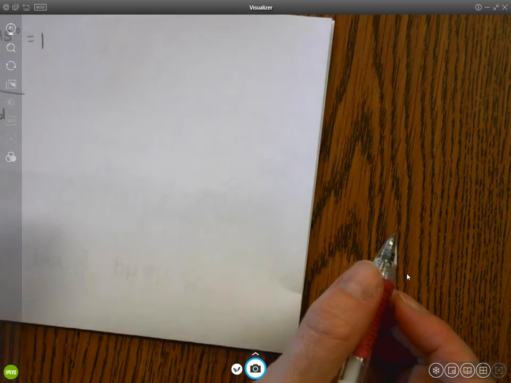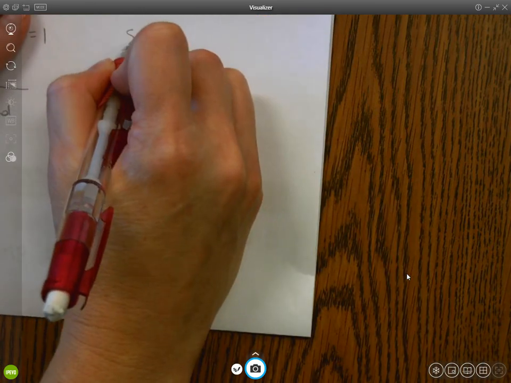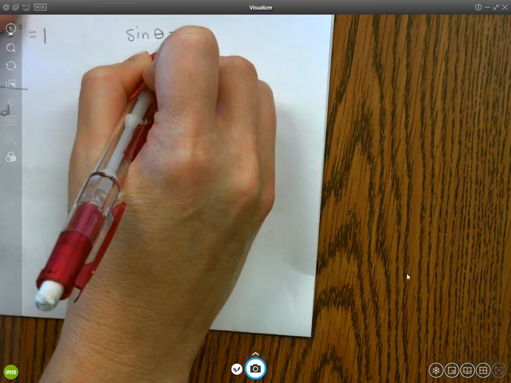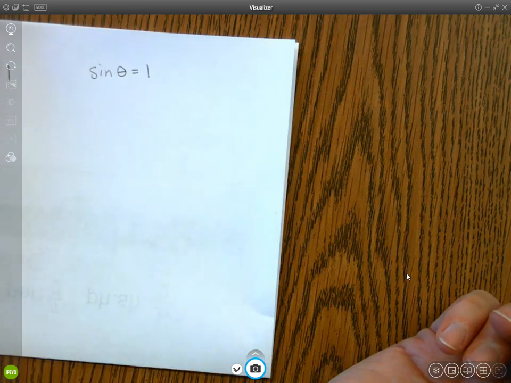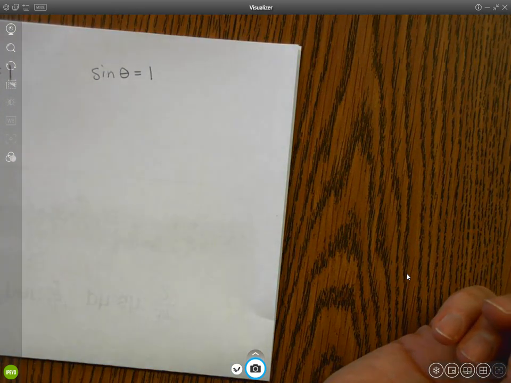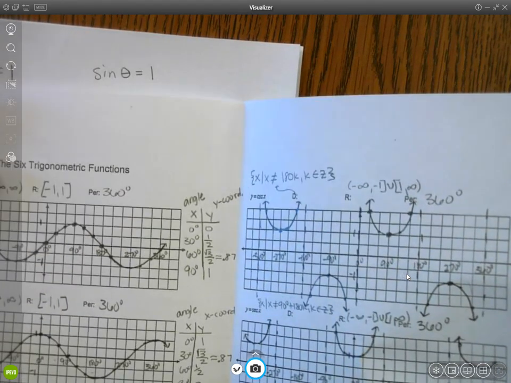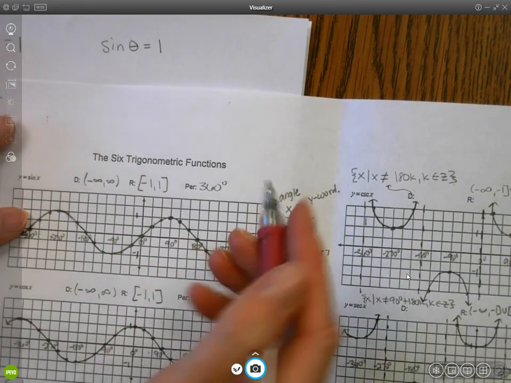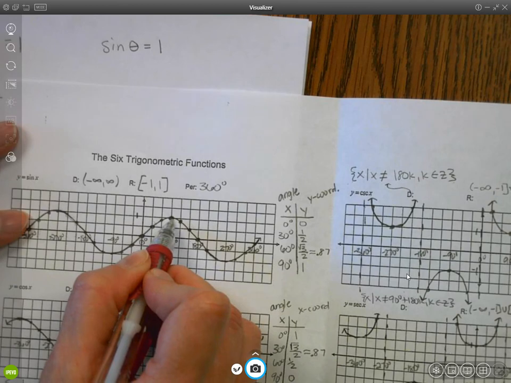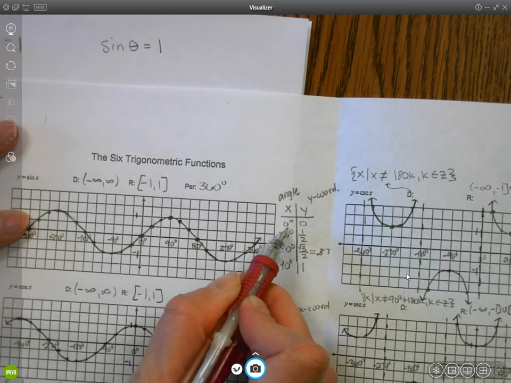Okay, so the ones that were more difficult were the ones where if I say that sine of theta is 1, you're supposed to tell me when that happens. All right, so again, thinking about the unit circle or thinking about your graphs without looking them up, but just so that we can see what's happening, I'm going to show you on the graph. All right, so sine is 1 here and here, and it'll be 1 again over here.